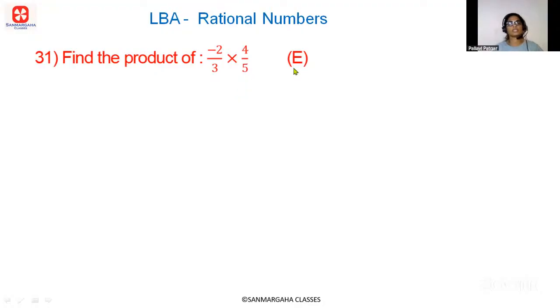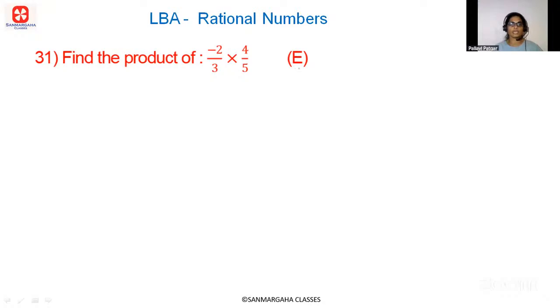In the rational number chapter, look at question number 31. Find the product of -2/3 into 4/5. So here you simply multiply the numerators together and the denominators together.